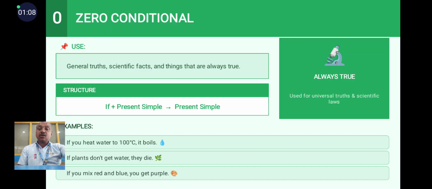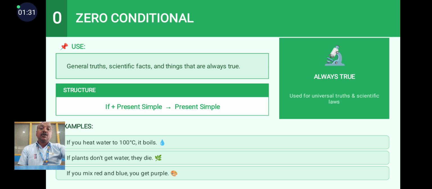Let's discuss zero condition first. The use of zero condition is for general truths, scientific facts, and things that are always true. The structure is that the if clause should be in present simple and the main clause should also be in present simple.